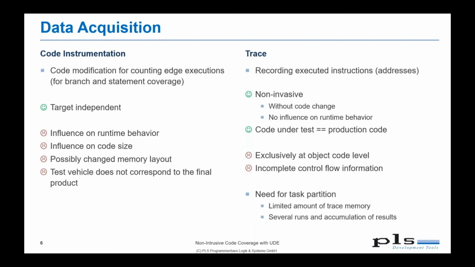Typically, test tools, for example, are testing only one function at the same time, so there is a partitioning. You have to accumulate the results after that. This can be done automatically by the test tool, or if you do the tests manually, or automatically by scripts, then you have to do this also manually and take care of that.